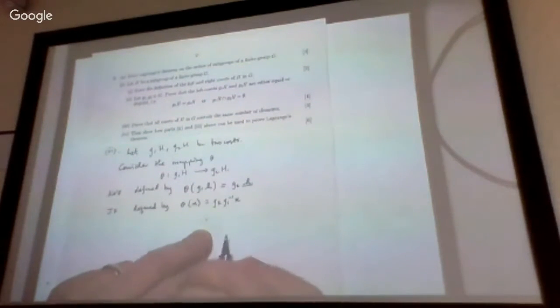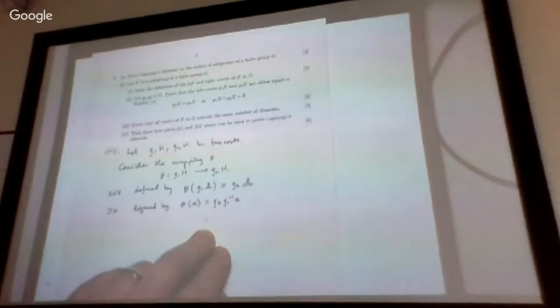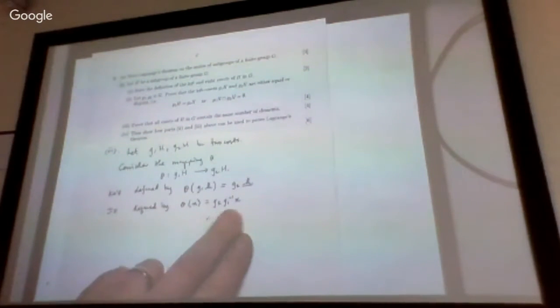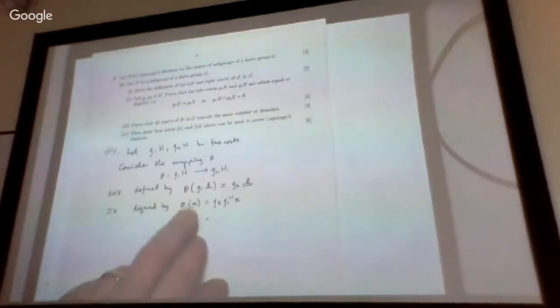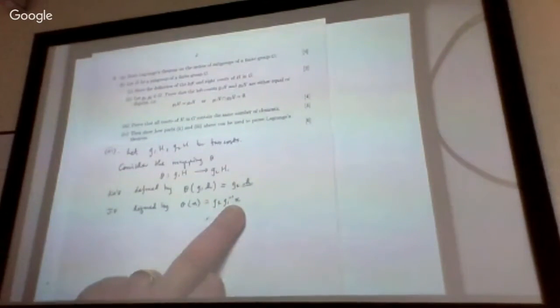It's definitely an element of G, because it's just a product of elements in the group. It's definitely uniquely defined. x is the argument, and x turns up there in the product, and these g2 and g1 inverse are constants.